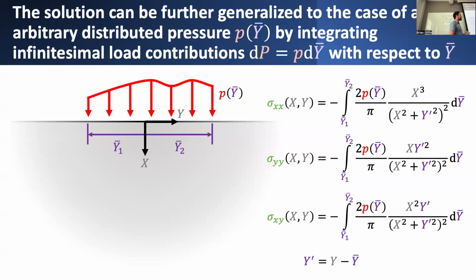So instead, you have to take that solution, but by the principle of superposition, it becomes rather trivial to say that the resulting solution to this problem, with now maybe some variable distributed load, is really just the superposition of the solution involving individual point loads, summed up over all the different contributions of maybe this little chunk of point load and this little chunk of point load, each one varying as a function of its offset position y bar.